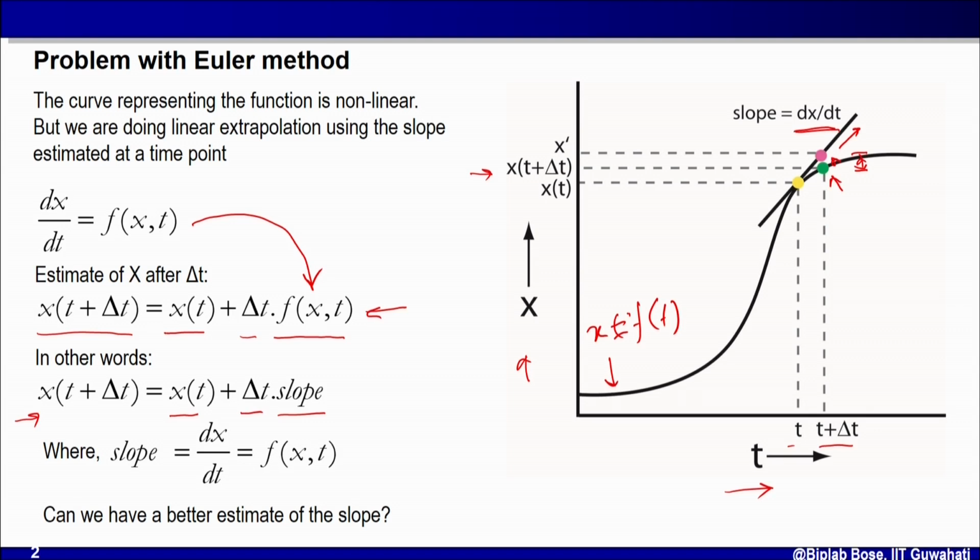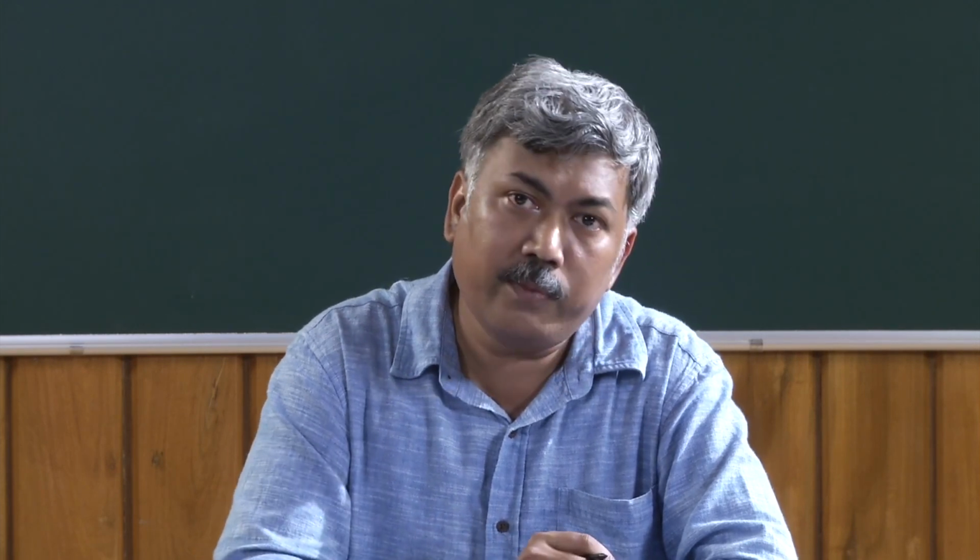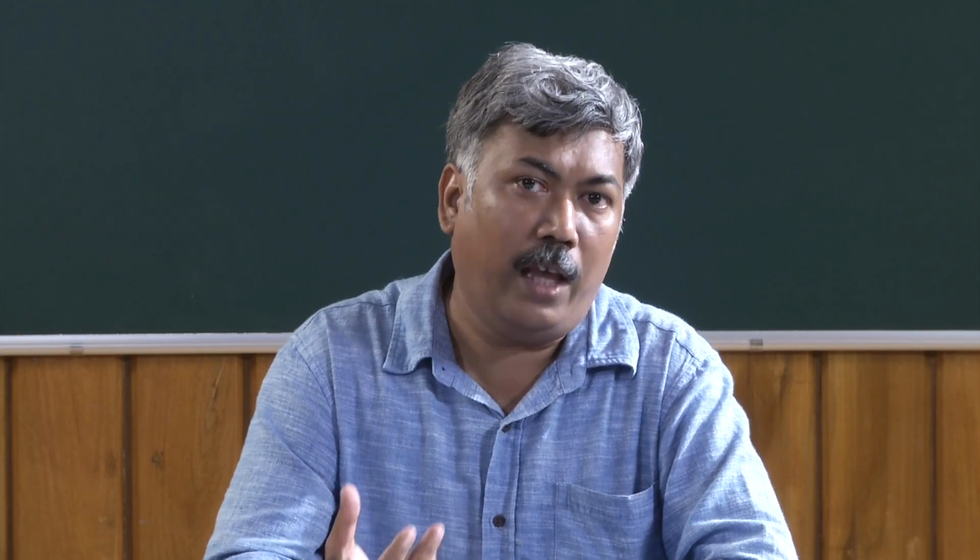We can rectify this if I correct my estimate of slope slightly and generate another line here having a different slope. And if I follow this line, most probably I will reach the right value at the green point. So in this module, we will study an algorithm which replaces this estimate of slope by a better estimate of slope, or rather an average estimate of slope, which is much better in extrapolation and getting the new value of x at time t plus delta t.